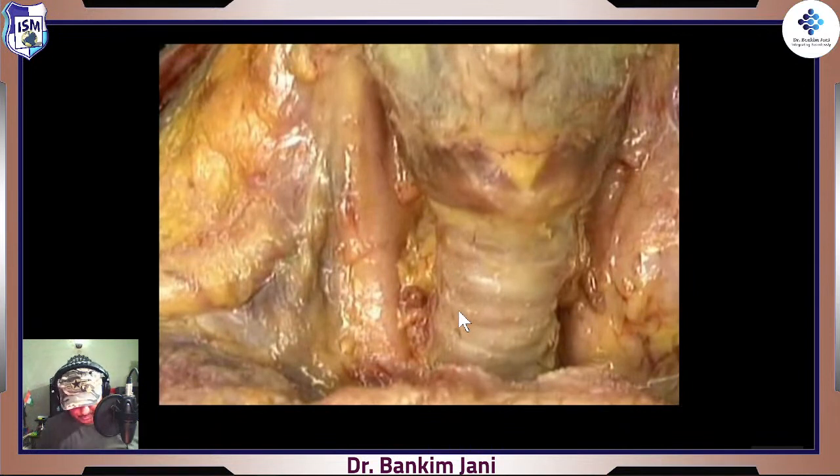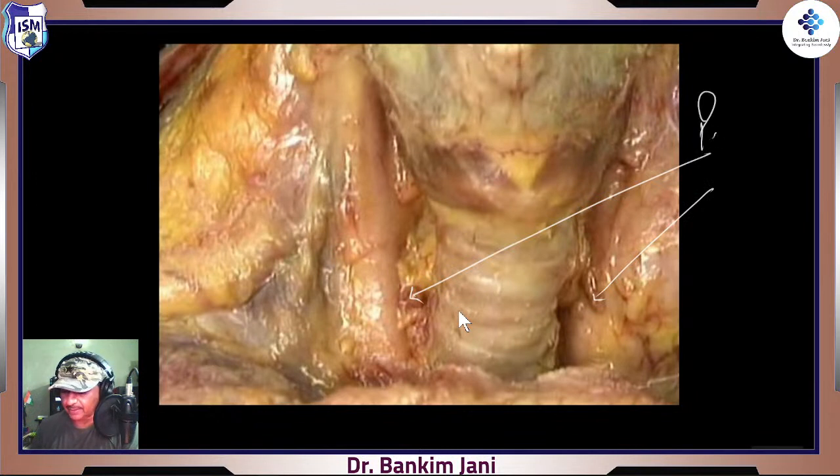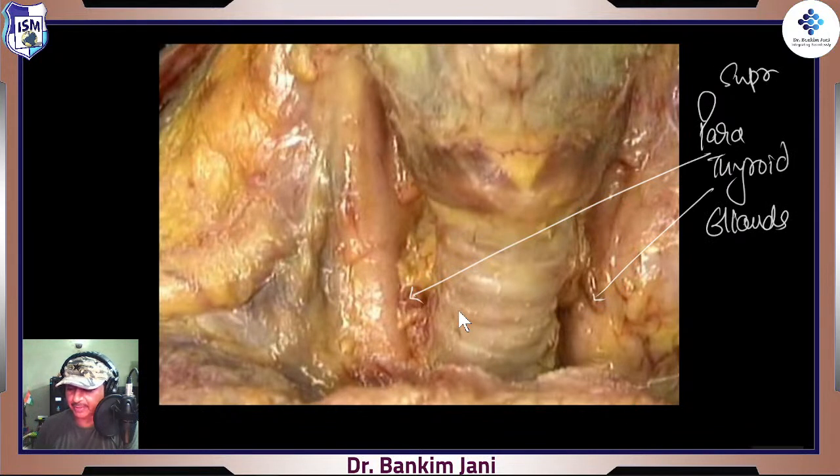See, this one and this one, they are parathyroid glands. Now there are 4, 2 superior, 2 inferior. So this one is superior parathyroid. Deeper ones, those inferior ones, they are still deeper.